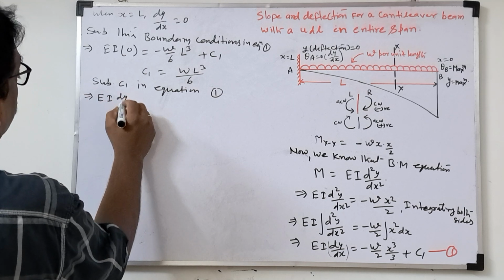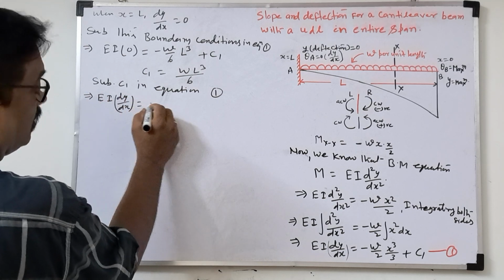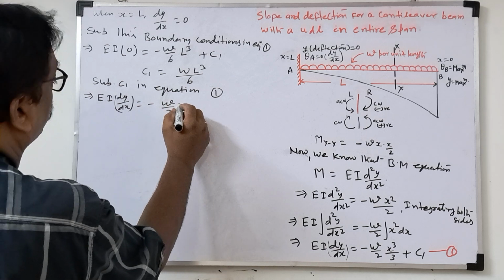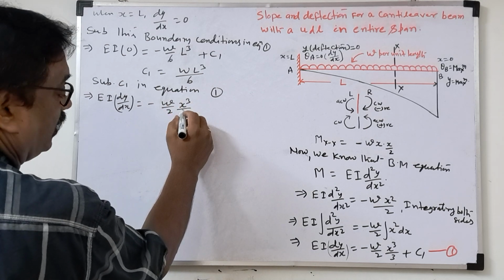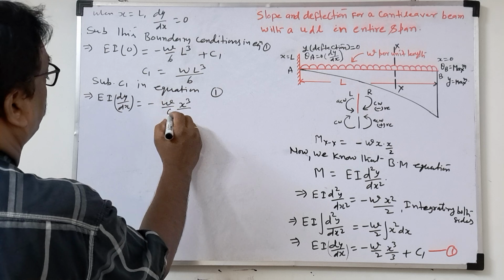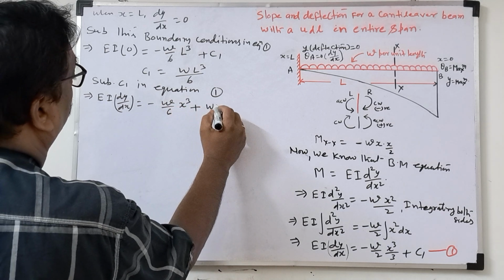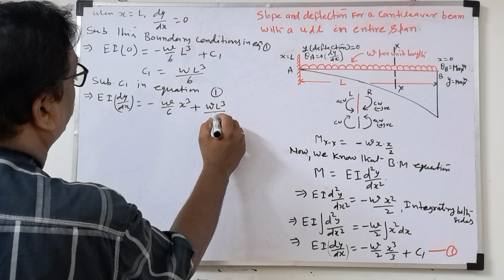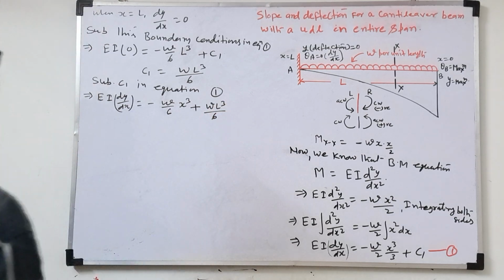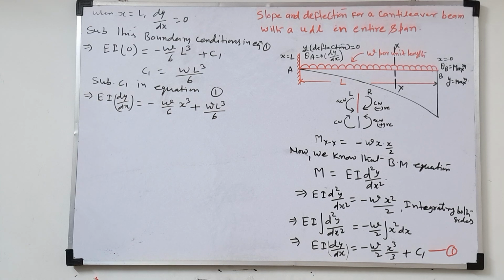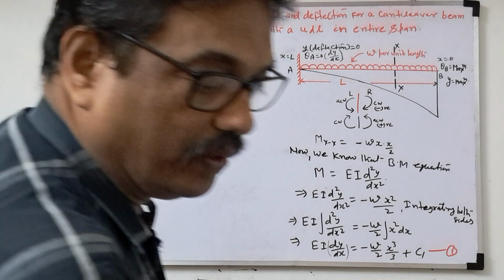EI dy by dx equals minus W by 6 x cube plus W L cube by 6. This is the equation of the slope. So dy by dx equals W by 6 x cube, W L cube by 6. This is the slope equation.